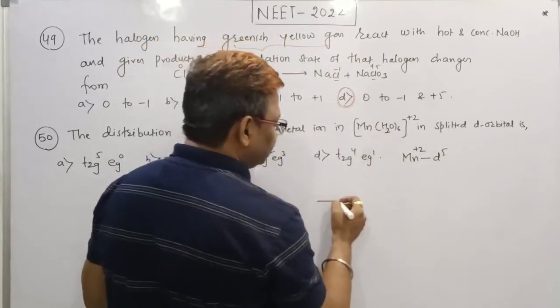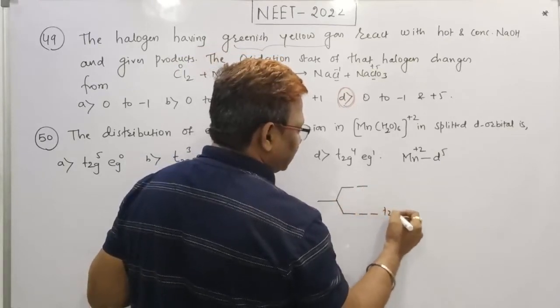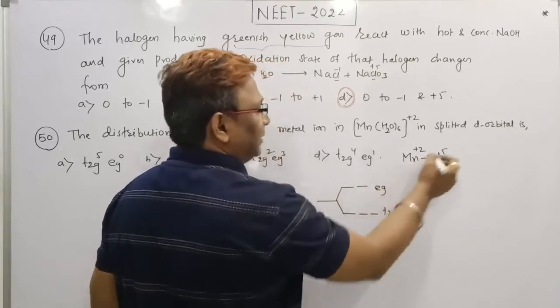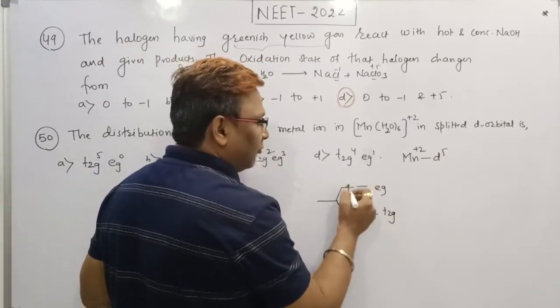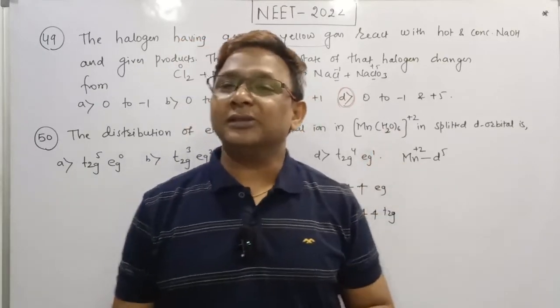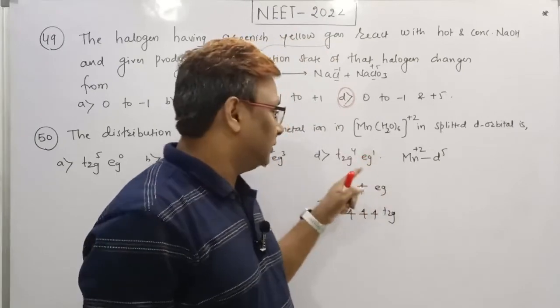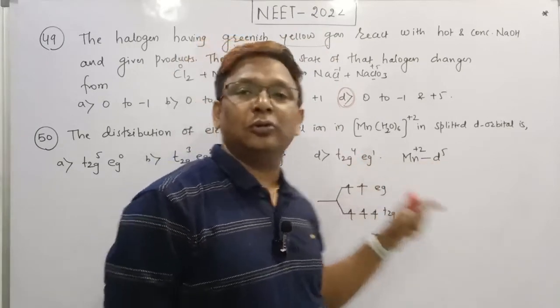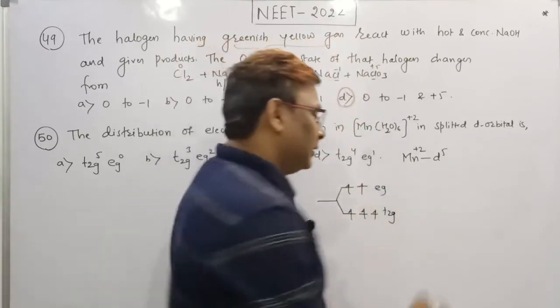We have the T2g and the Eg orbitals, and we have 5 electrons. Because water is a weak field ligand, the remaining 2 electrons can go to the Eg orbital easily.